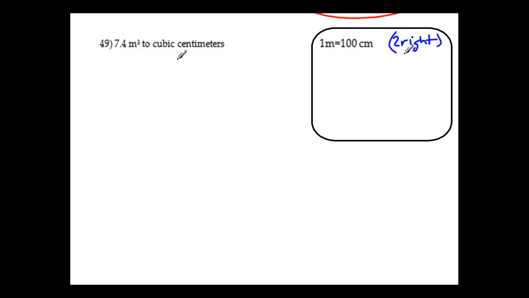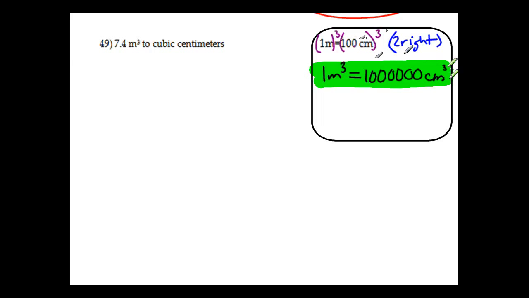We are dealing with cubic units in this problem, so we need to cube both sides. 1 cubed is 1. 100 cubed means 100 times 100 times 100, which basically means you're taking the zeros and doing this 3 times. So we have 2 zeros, add 2 more, add 2 more. Again, we have now 1,000,000 centimeters cubed. This is my conversion factor, no matter what technique I'm using.